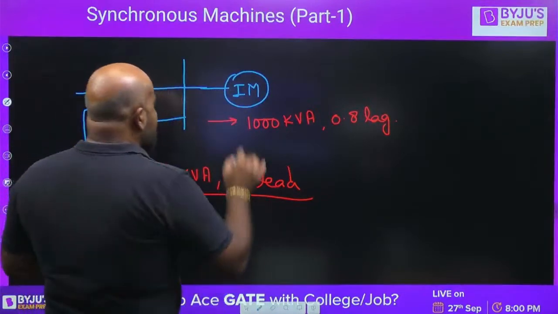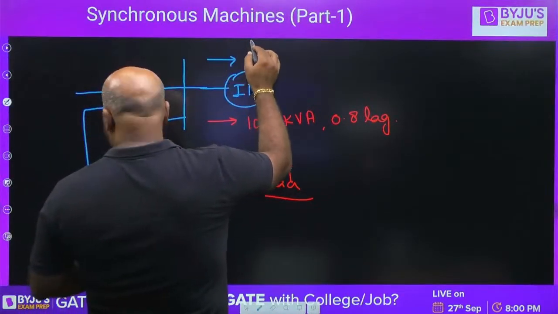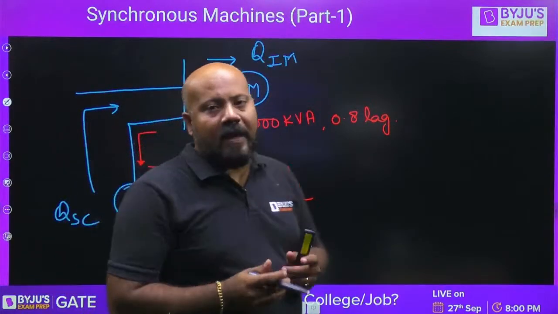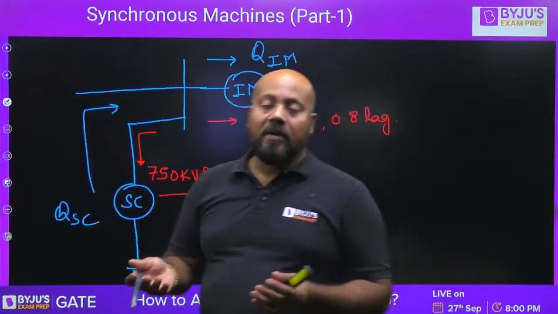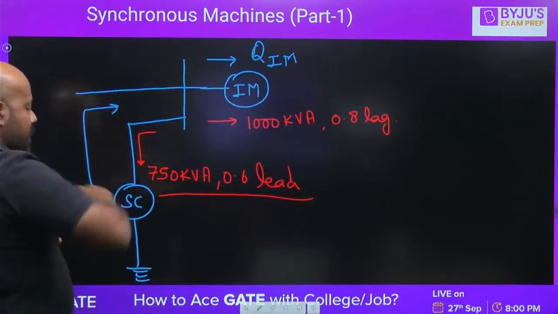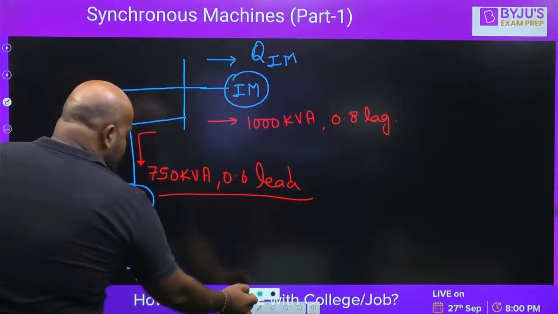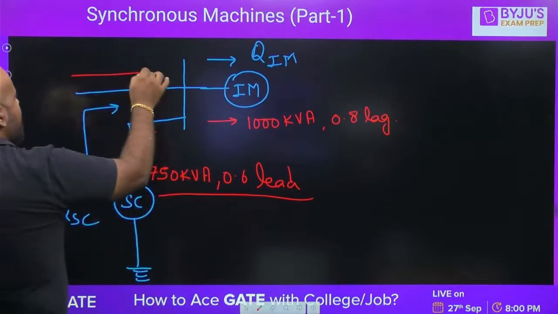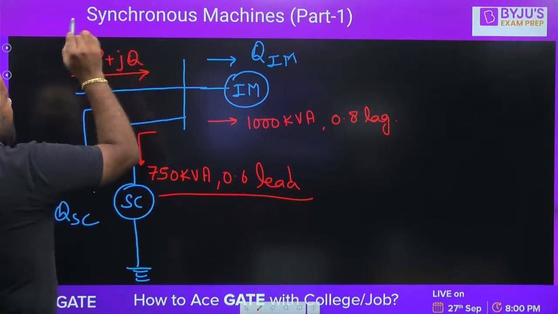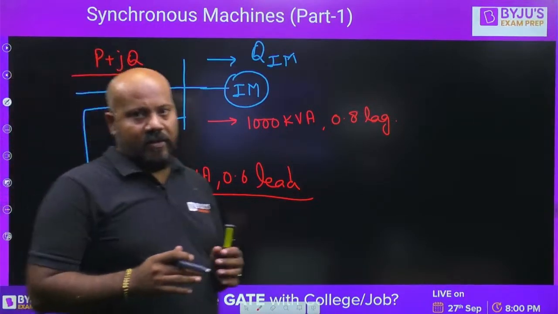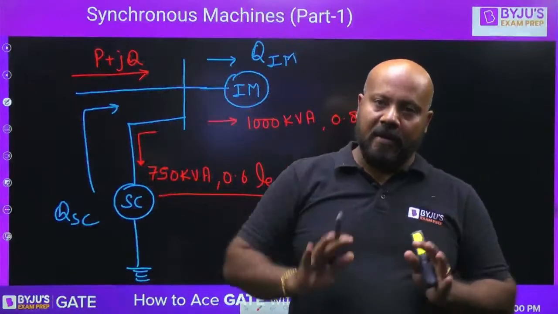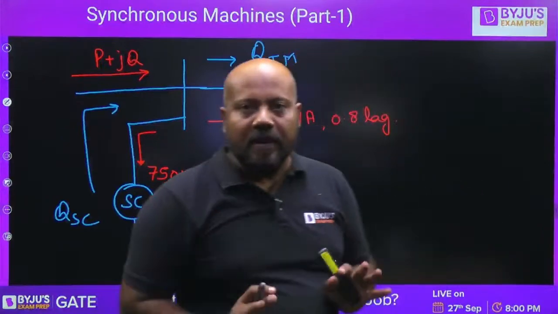What this induction motor is doing, this induction motor has a requirement of lagging reactive power because it works on the induction principle, so definitely it has the requirement of reactive power. Now whatever real and reactive power is coming from the mains or the other part of the system will define the operating power factor.